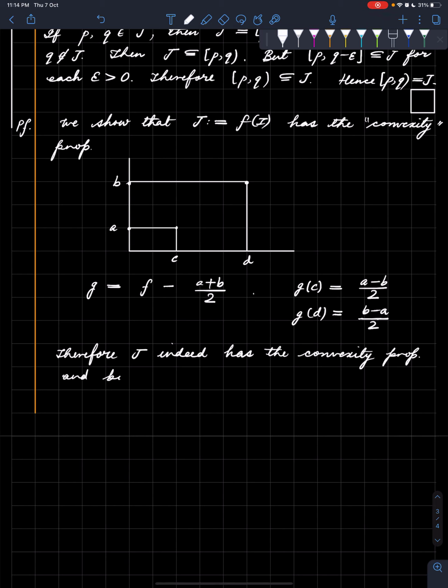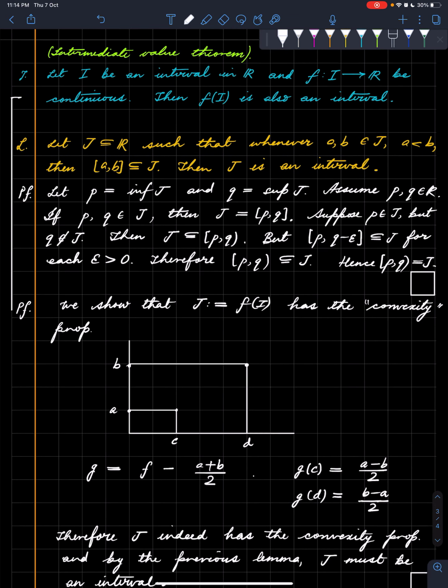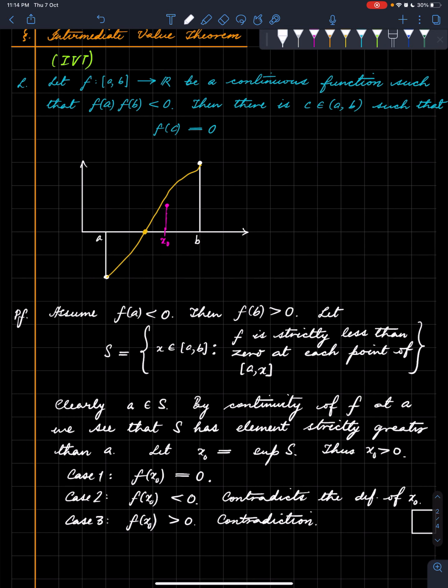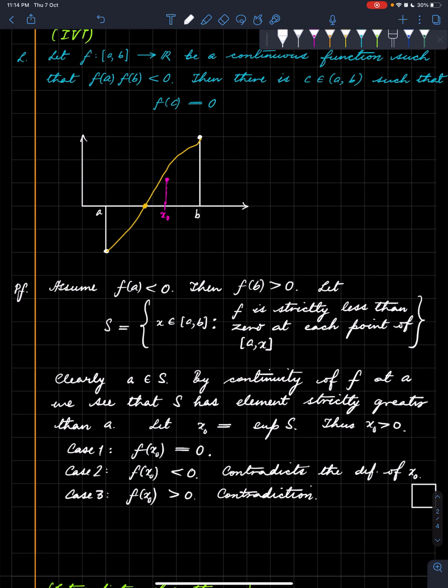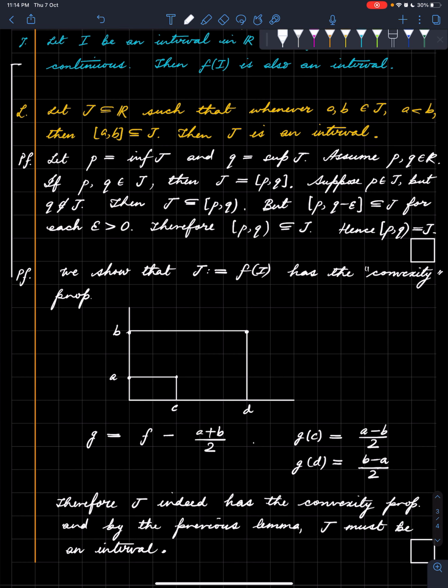And by the previous lemma, J must be an interval. Okay. Again, nothing is complicated here. Only this proof was a little bit non-trivial, but everything else is fairly obvious and natural.